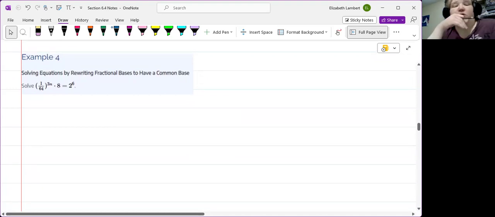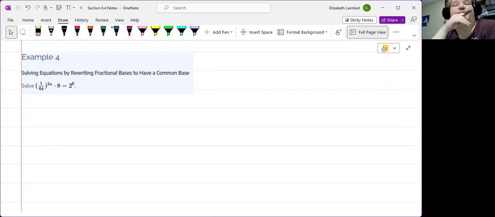All right, now this one, we got stuff all over the place. Okay, so 64, 8, and 2 can all be written in terms of 2. I could try to make them all in terms of 8, but that tends to make people's heads hurt too much, so let's just think about 64. 2, 4, 8, 16, 32. 64 is 2 to the 6th.